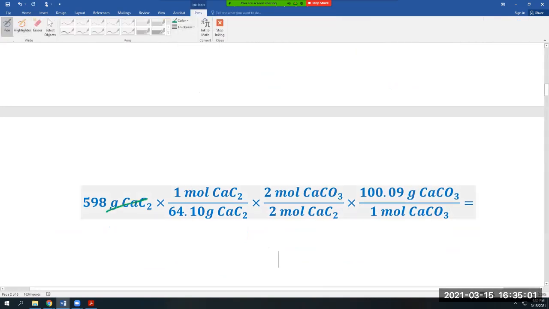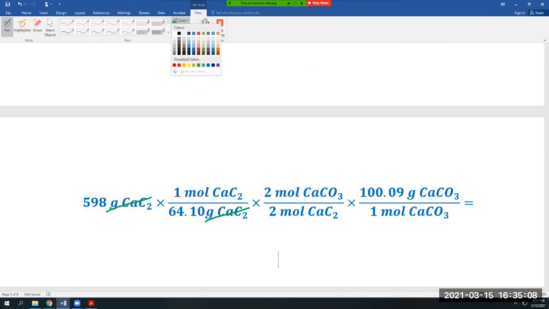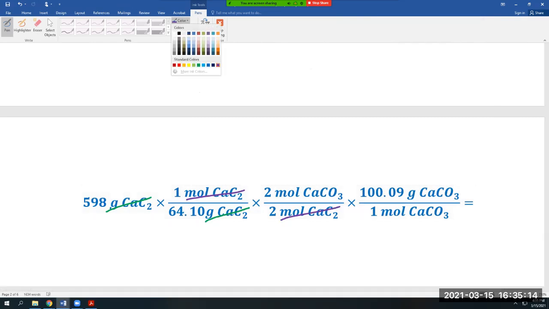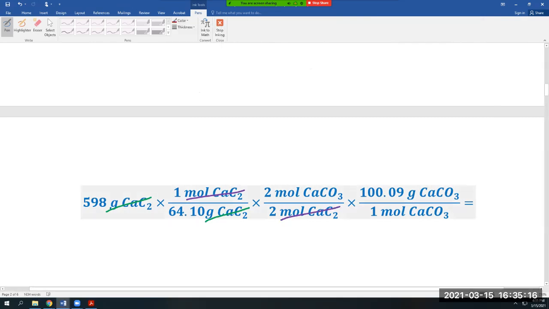Grams of calcium carbide cancel. Moles of calcium carbide cancel. And then moles of calcium carbonate cancel. And so we're left with grams of calcium carbonate. So the answer will be in grams of calcium carbonate.